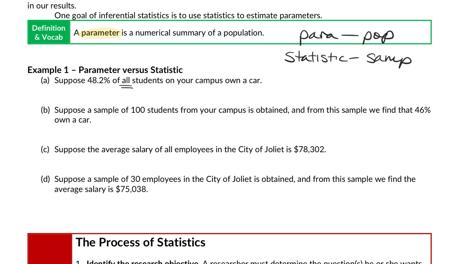All students on our campus. Is that the entire population? Yes, this is a parameter. Second sentence says, suppose a sample of 100 students from your campus is obtained, and from the sample we find that 46% own a car. Is that a statistic or a parameter? Statistic, because we have a sample.